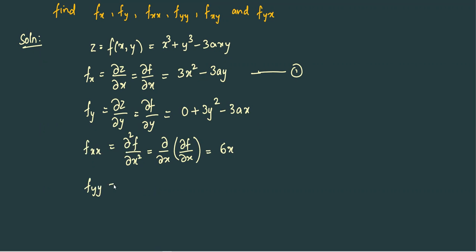Similarly, fyy, dou square f by dou y square. This is 6y.